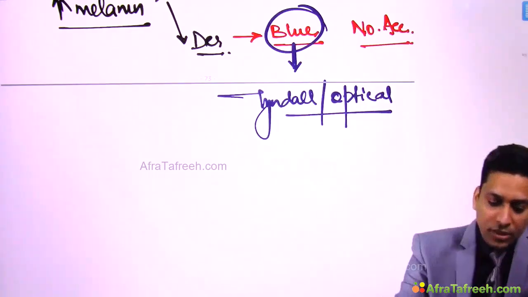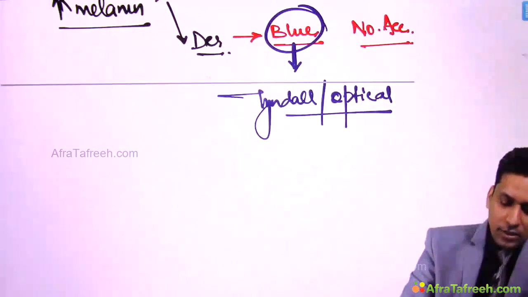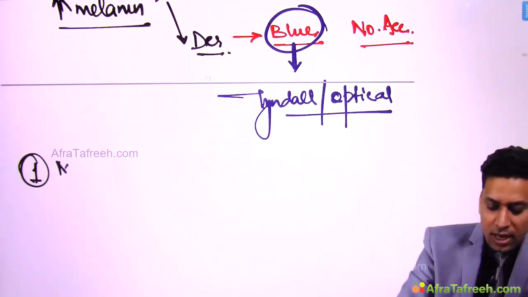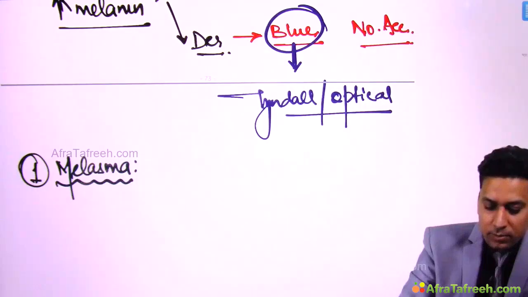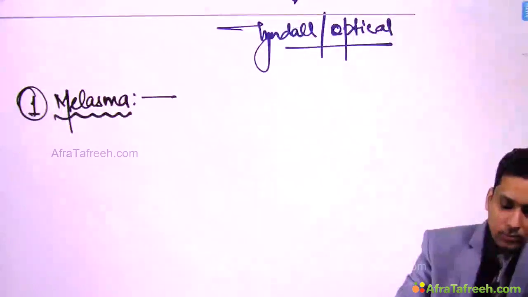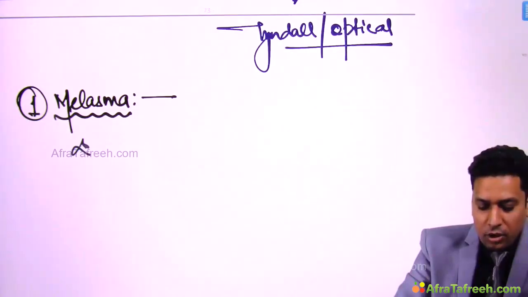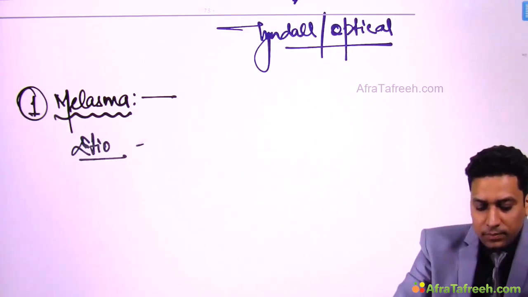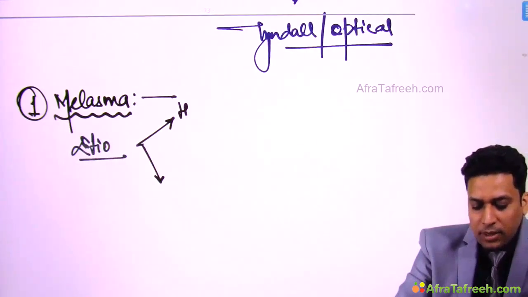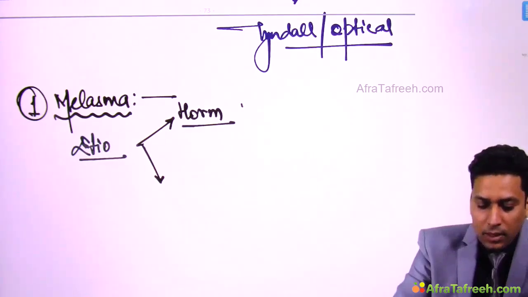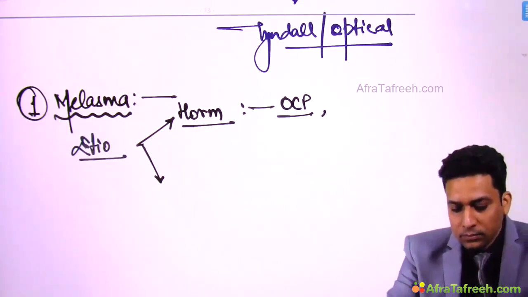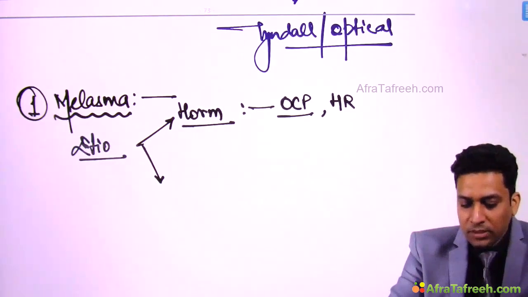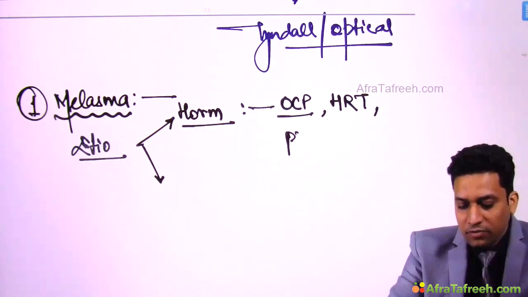So the first pigmentary disorder here is melasma. If we talk about the etiology of this condition, it can be hormonal, like after OCP intake, after hormone replacement therapy, after pregnancy.